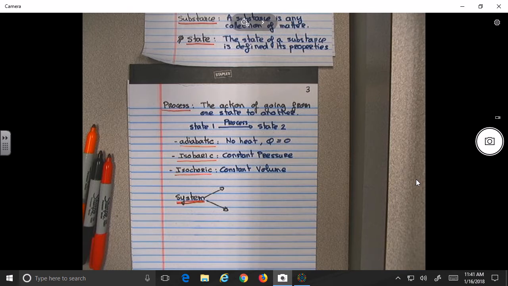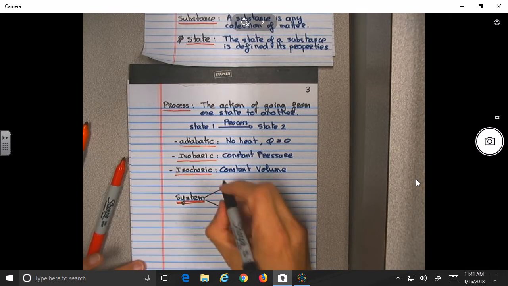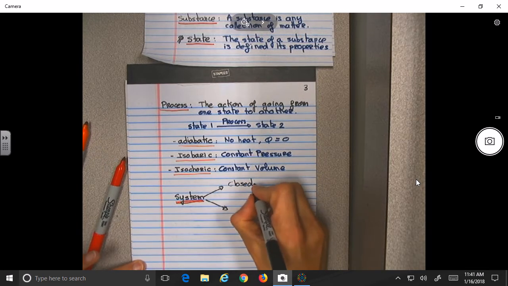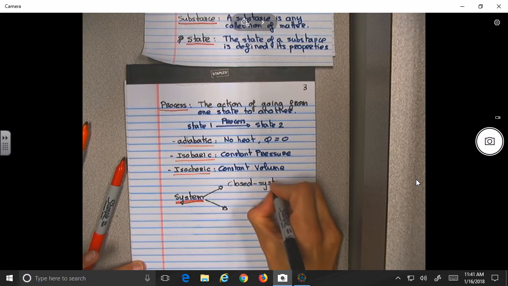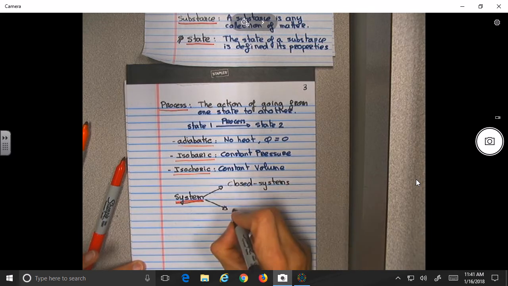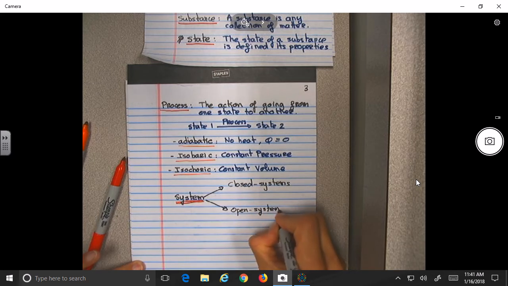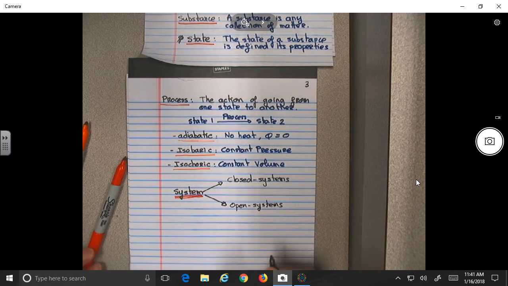So we'll have closed systems, and we'll have what I'm going to call open systems. In textbooks, they are called control volume systems.